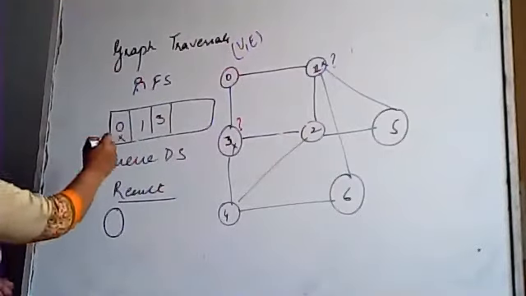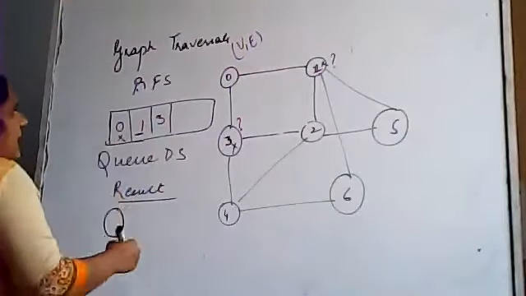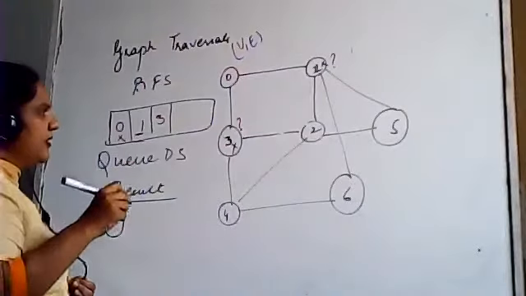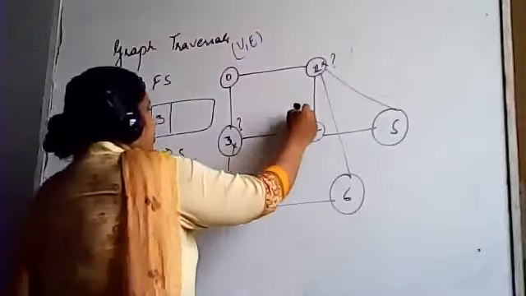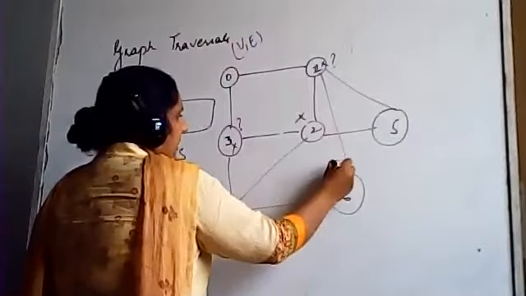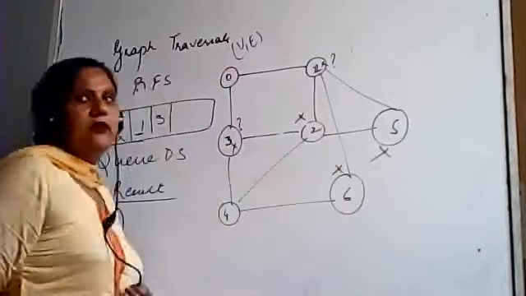Now, second is 1. Now see the vertices which are directly connected to 1: 2, 6 and 5.